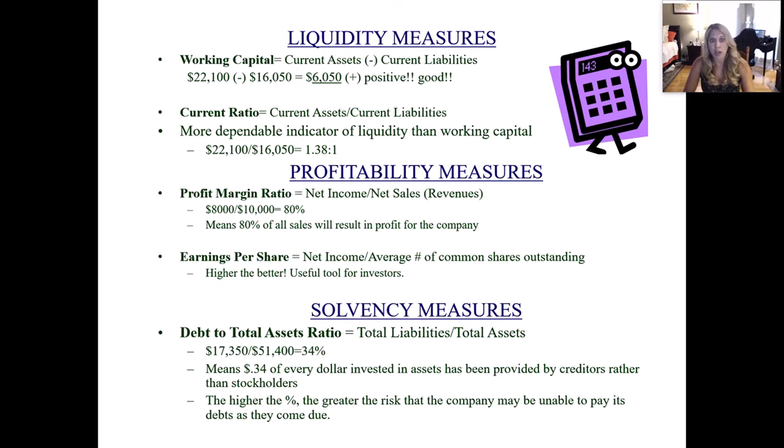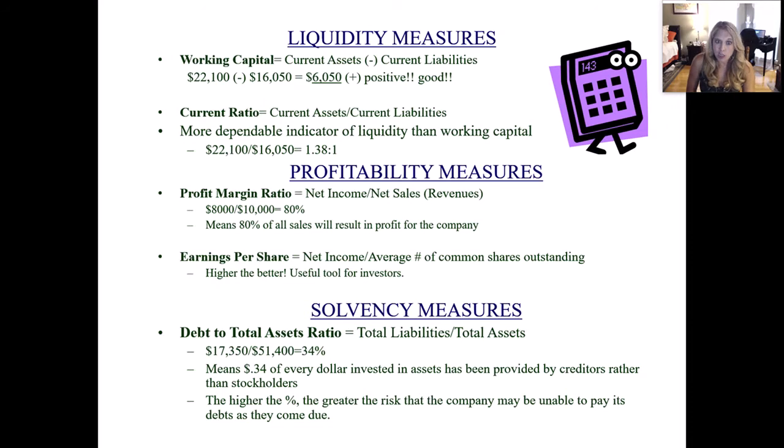The current assets from the balance sheet were $22,100, and we had current liabilities of $16,050. So that gives us a working capital of $6,050, and it's positive, which is good. The higher, the better. You don't want it to be negative. You don't want your current liabilities to be more.